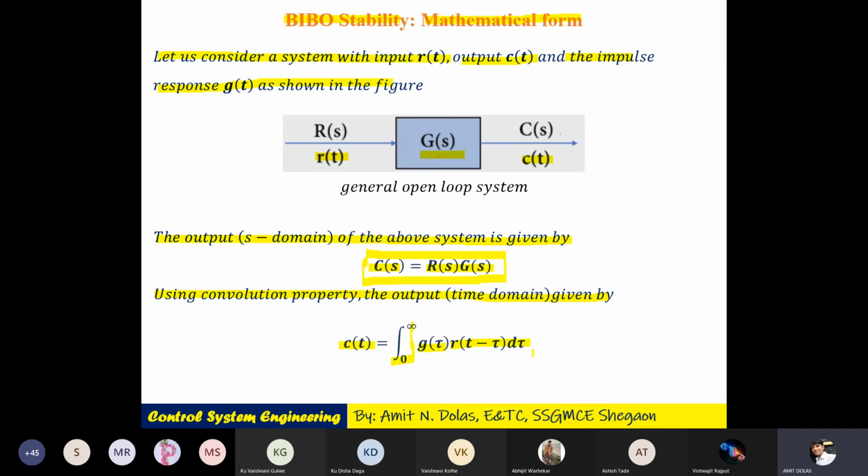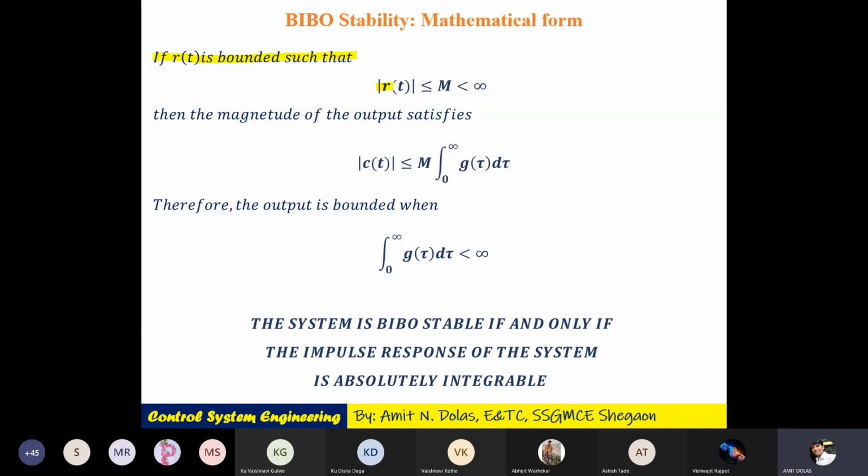Now here, if R of t is bounded such that the magnitude of R of t is less than or equal to m, and m is of course less than infinity, then the magnitude of the output satisfies that the magnitude of C of t is less than or equal to m times the integral of the system, that is G of tau d tau.